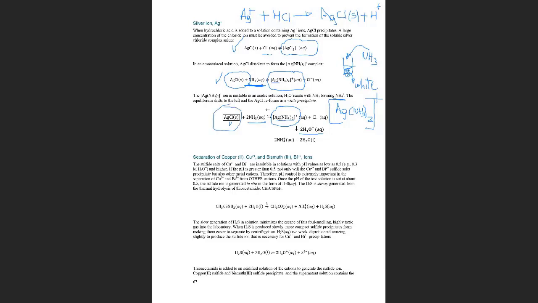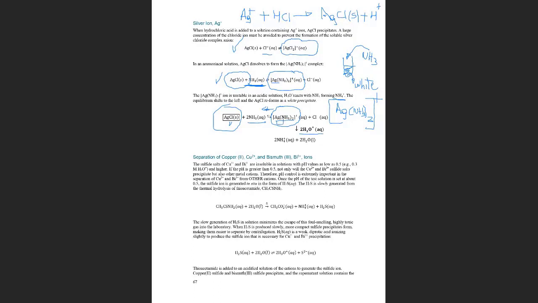So let's say you have the precipitate, you add ammonia, and the white precipitate dissolves. But if you add an acid, the precipitate forms again. Why does it form again? Because the ammonia that was combined with the silver combines with the acid.